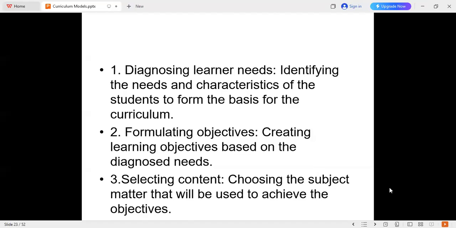Now the second step, the educational objectives, creating learning objectives based on the diagnosed needs.